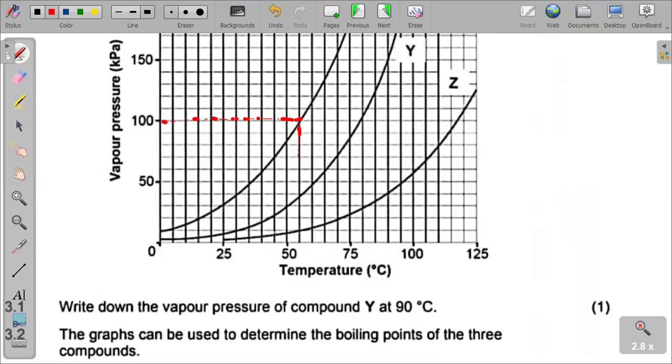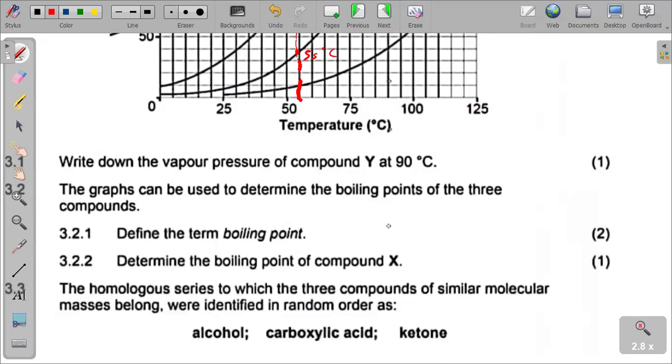So remember, each small unit there, according to the scale there, is 5. So this means therefore this is 55 degrees Celsius. So we know the boiling point of X is 55 degrees Celsius.